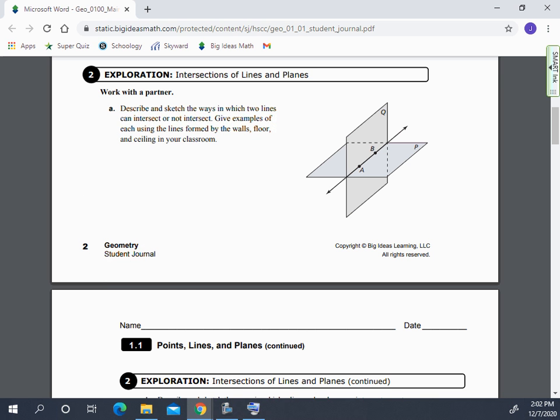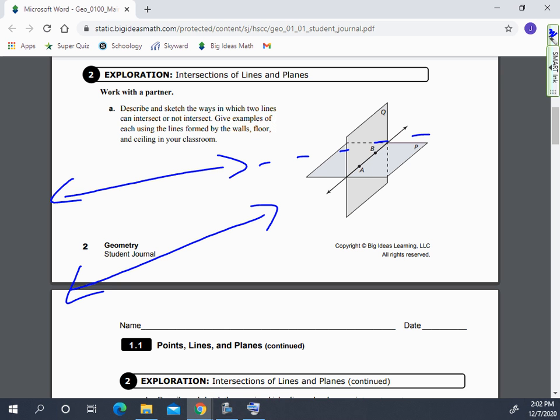If I have two lines, I'll go in blue here. If I have two lines and they are not parallel, but maybe in my drawing they don't intersect, they will intersect at some point, right? Because these lines go on forever and ever in one direction. They're going to intersect somewhere right in here.